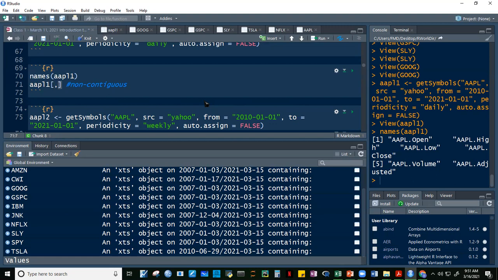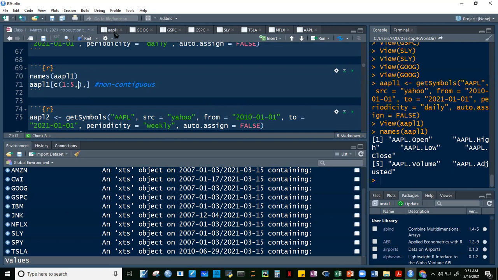So we'll have to use the combine function, C, first 5 rows, okay, and then comma. Ano yung last row? So what's the last row, guys? 2769, sir.